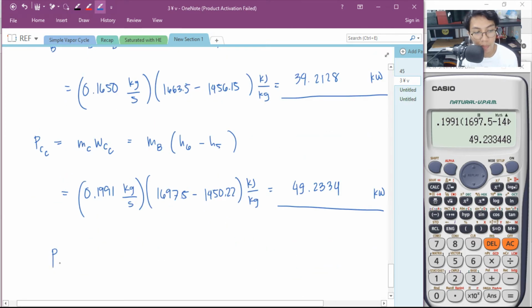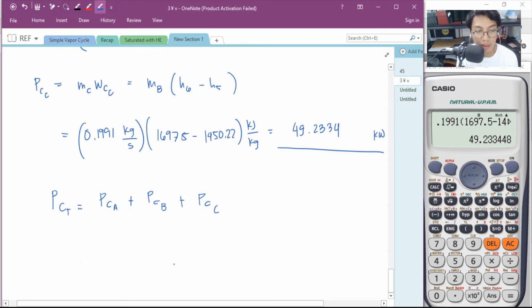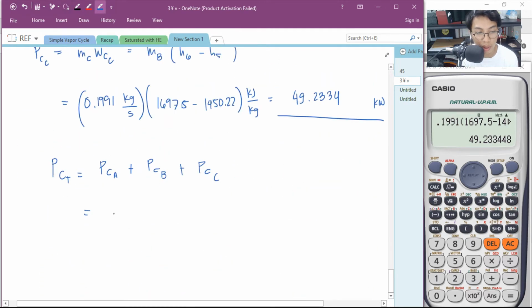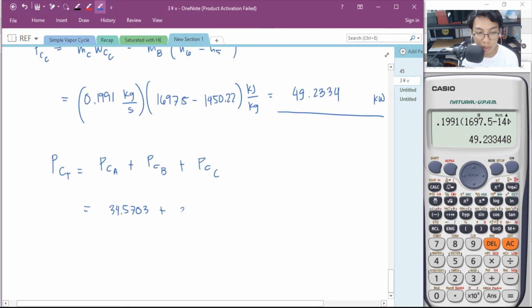O, meron na tayong PC. For power ni compressor, total, PCA plus PCB plus PCC. That is 34.5703 plus 34.2128 plus 49.2334 kilowatts.